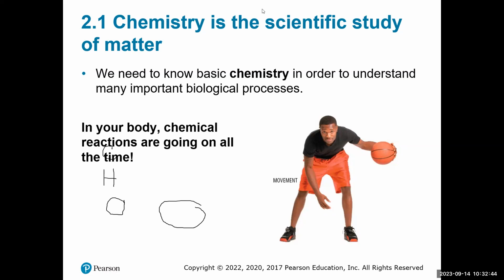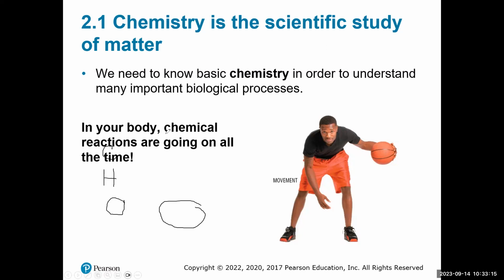What we're going to use chemistry for is to understand biological processes and how they work.